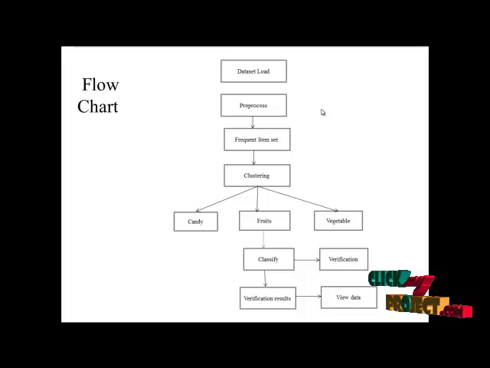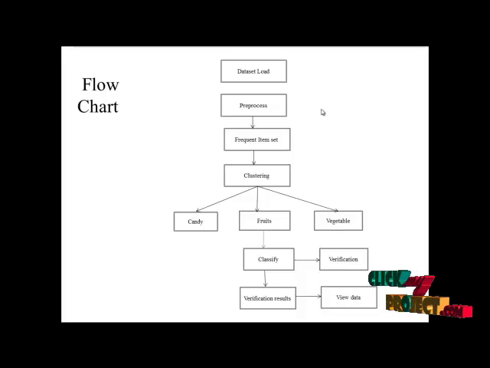So we use frequent item set mining along with clustering. Clustering means separating the data. Here I'm using many data items as the datasets. For example, I'm using supermarket data as values.